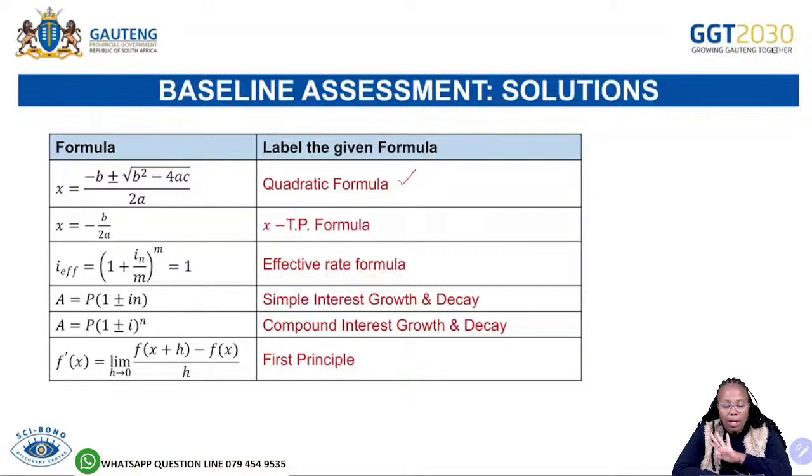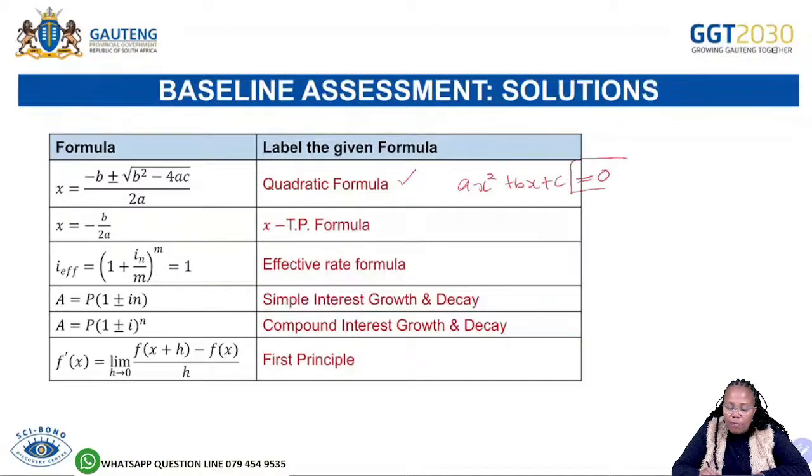But remember, we are using ax squared plus bx plus c. It must always be equal to 0 before you can use this particular formula. And it must be arranged in order: start with the x squared, followed by x, and then the constant number. You can't use this formula before you arrange according to the correct order.